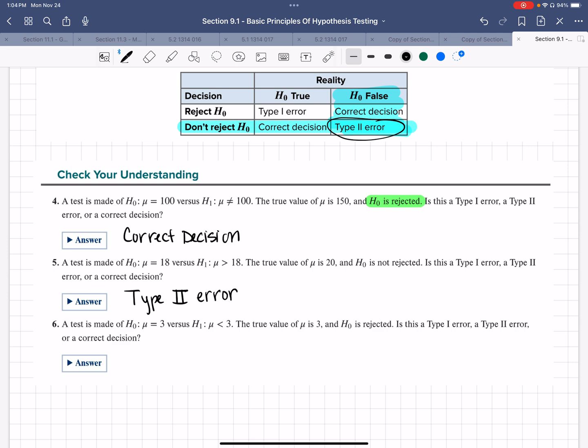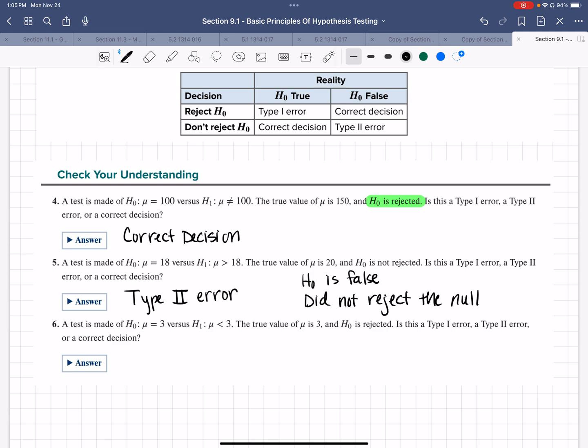Here's what we have, guys. I'll try to do it without the chart also, though of course you can always use your chart to answer your questions. A test is made, mu is 18, and the alternate says it's greater than. The true value is 20, so that means the null is false, and we did not reject the null.